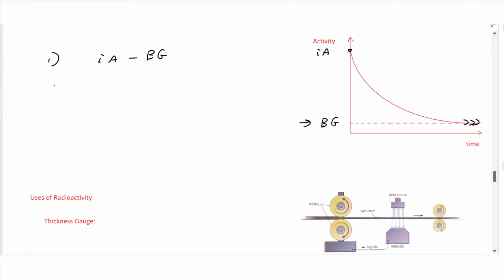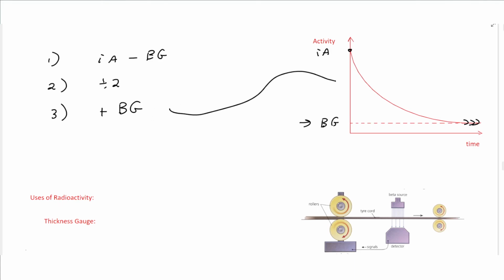Then you divide by 2 to get the new value after 1 half-life, and the next step is adding the background after dividing by 2, and then using this value with the background to see the time it takes. So this is the half-life you get.